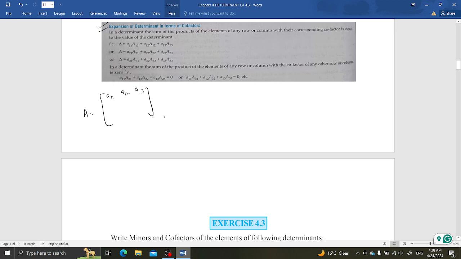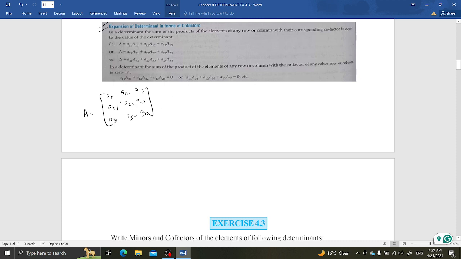Because in most books and from the exam point of view, the 3 cross 3 matrix is much more important as compared to higher orders. You can also take a 2 cross 2 matrix. Then A21, A22, A23, and A31, A32, A33.